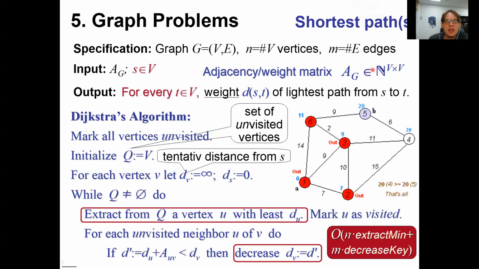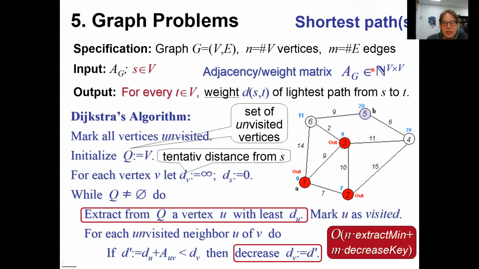A naive implementation using an unsorted array results in linear cost n for each extract min operation and constant cost for each decrease key operation, meaning that in this case, Dijkstra's algorithm costs n squared, quadratic, plus O of m. And since m, the number of edges, is always less than n squared, the overall cost is quadratic.